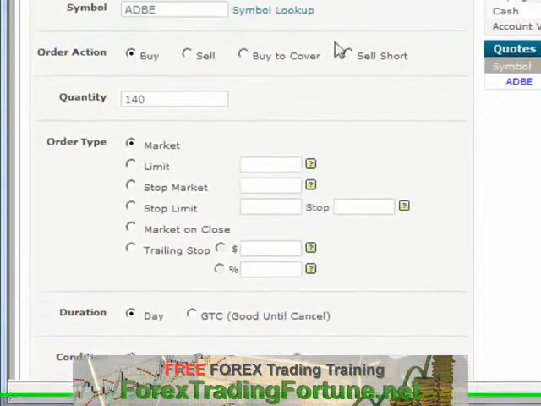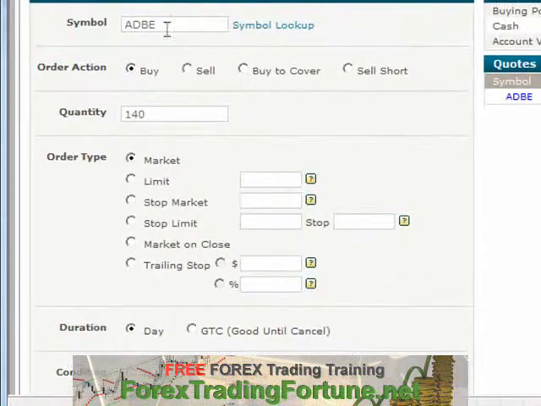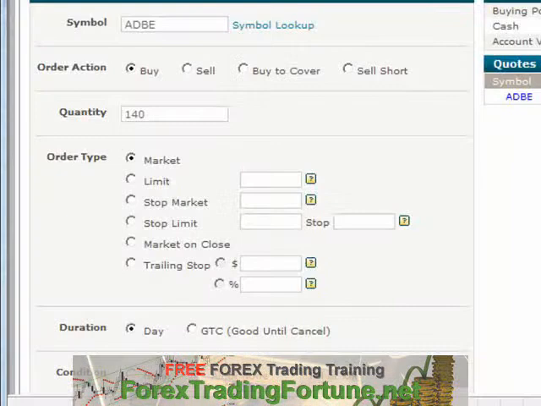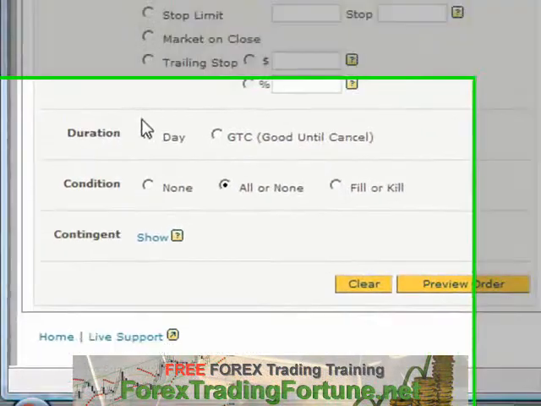Okay, back to our trading software. Which share was it? CTAS. CTAS, and we are selling short. Market again, and it's 170 shares, and all of these can stay the same.